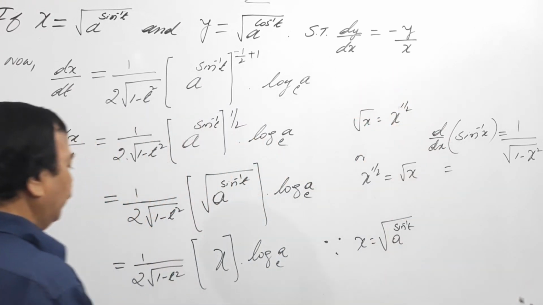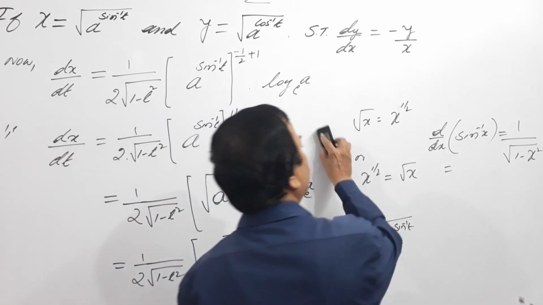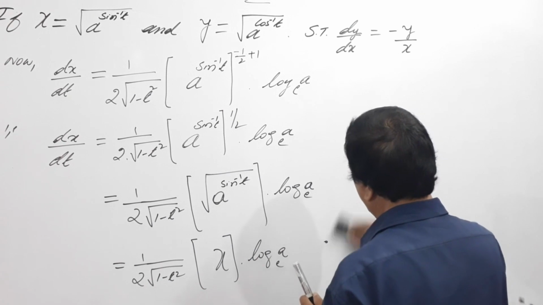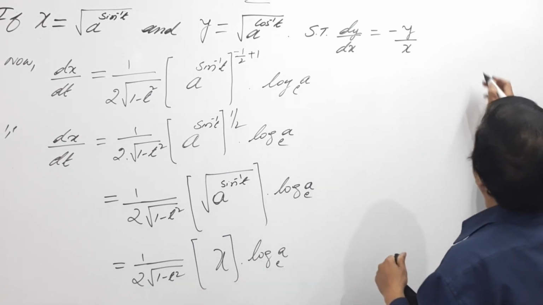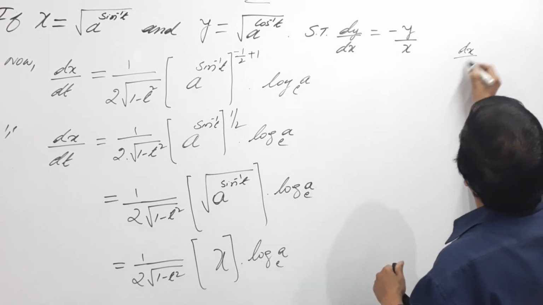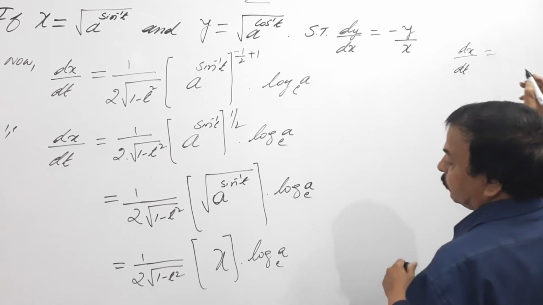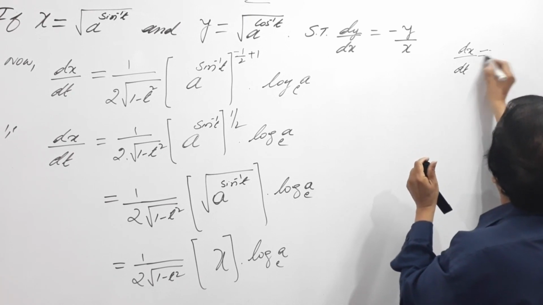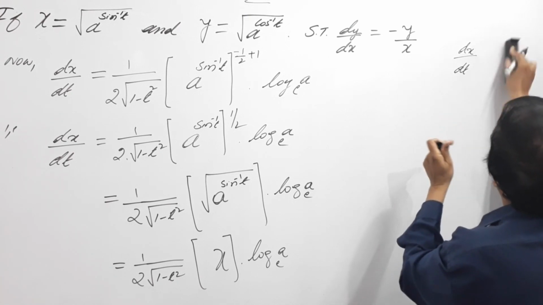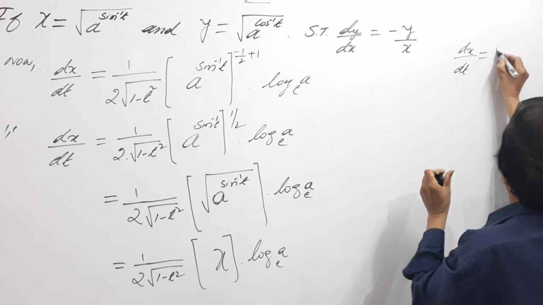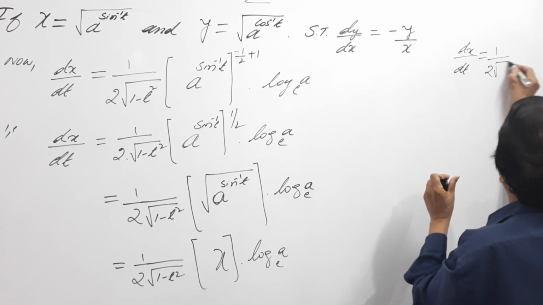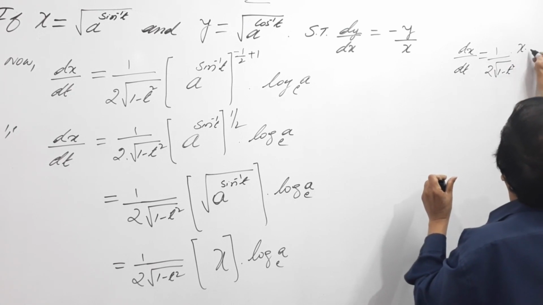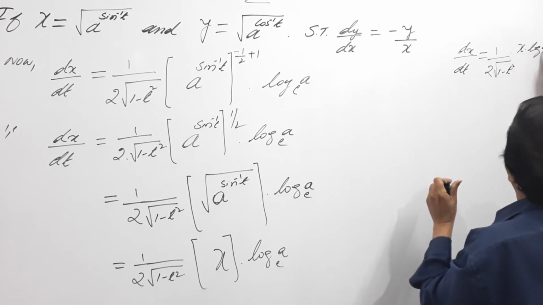Done. So what I'll do? What is x? So I'll make a note of this. Here dx by dt equals to 1 by 2 into 1 minus t square into x into log a to base c.